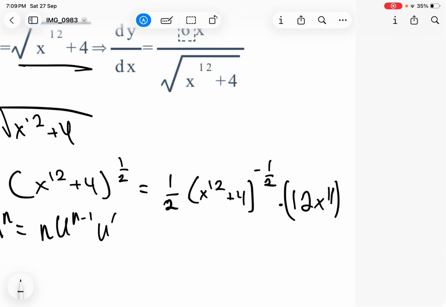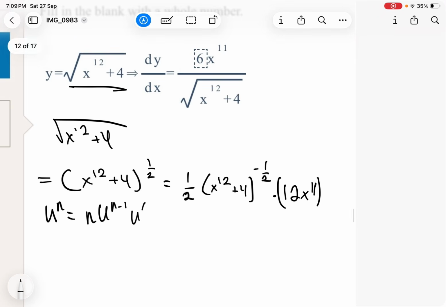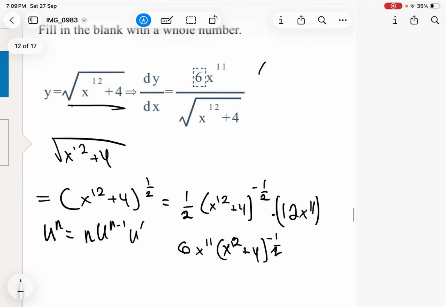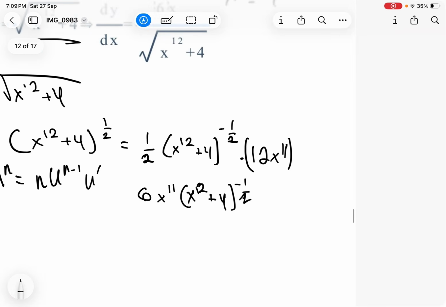Okay, and then here, look, let me just continue. It will be 12x^11 times half, which is 6x^11 times (x^12 plus 4) to the power of negative 1 over 2. See, here they did not tell you to replace x with any number. So here you have to continue solving.